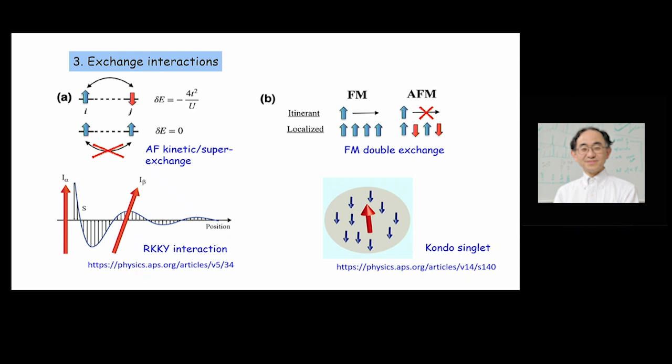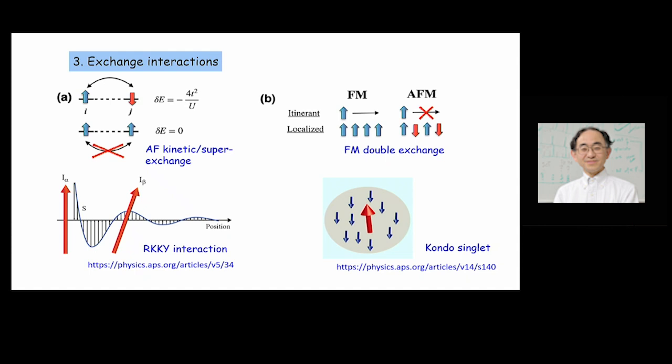And then once you have two sites, i and j site, and then we think about the virtual process, second order perturbation process, which corresponds to the hopping from here to here, right? So then you are back to the original Mott insulating state. Because once you introduce double occupancy, the energy is much higher.